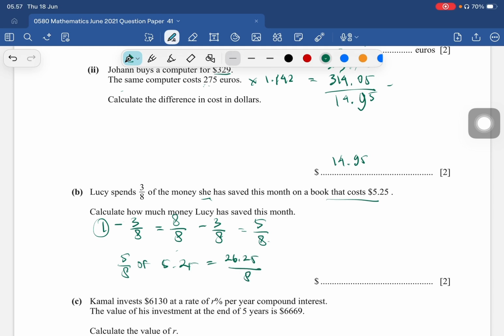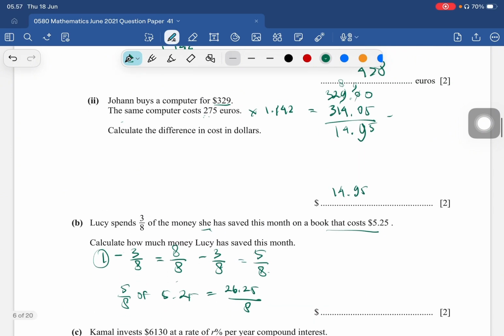We divide by 8. Lucy spent... she has saved this month on a book.